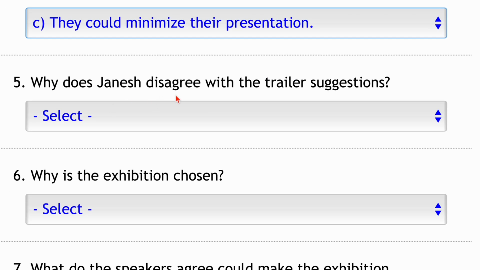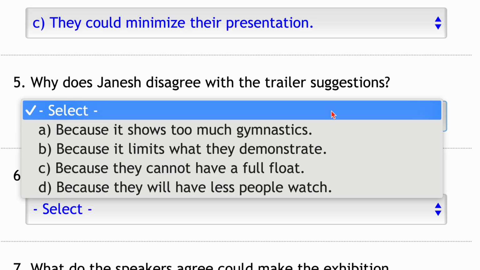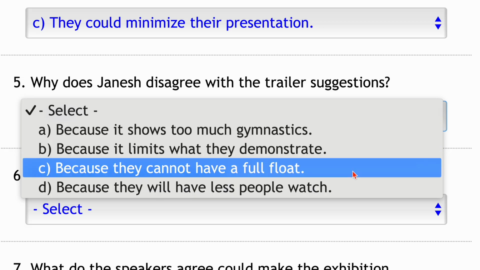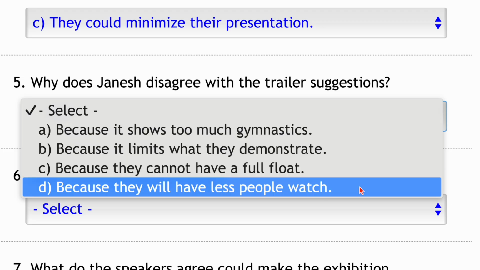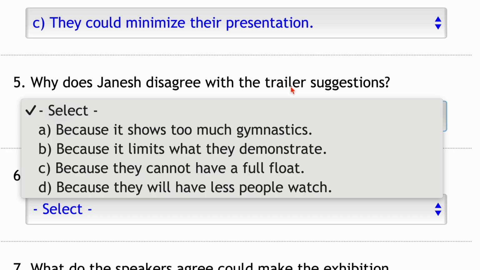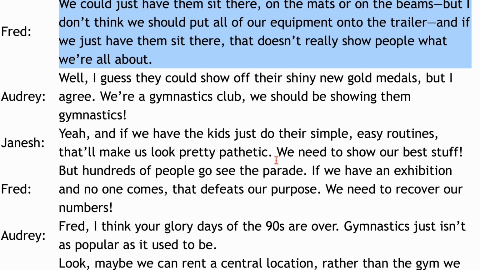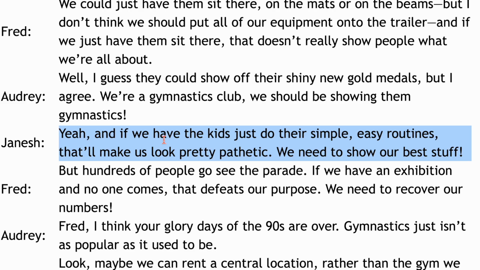Why does Janesh disagree with the trailer suggestions? Because it shows too much gymnastics, because it limits what they demonstrate, because they cannot have a full float, because they will have less people watch. So disagree with the trailer suggestions. Why? And if we have the kids just do their simple, easy routines, that will make us look pathetic.